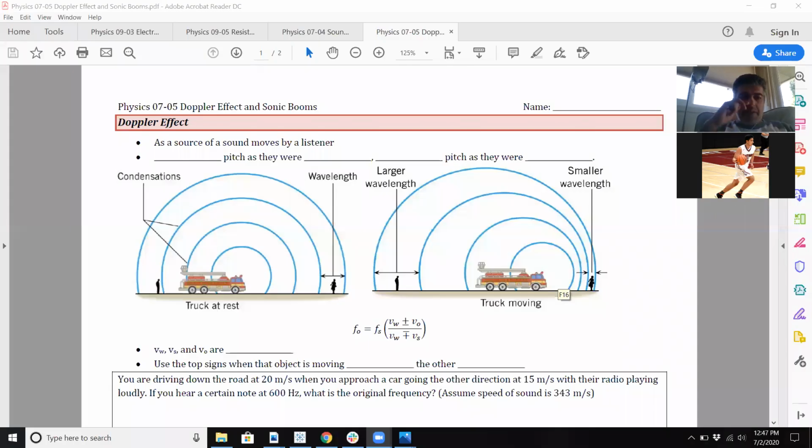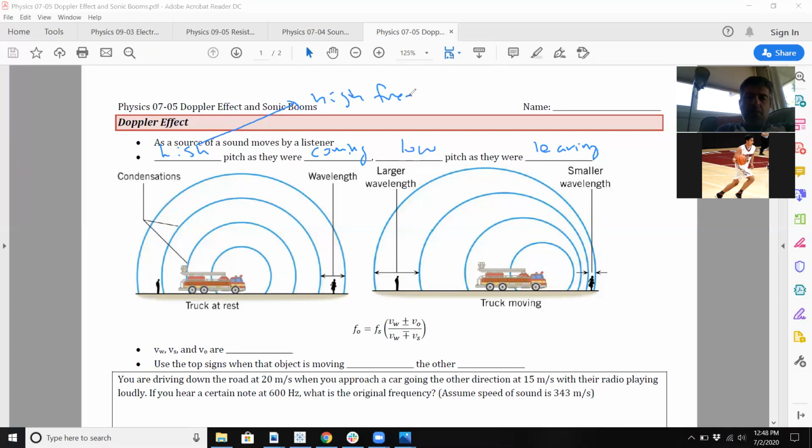Okay, so again, Doppler effect basically deals with a source of sound that moves by a listener. High pitch is when it's coming towards you, and low pitch as the source is leaving. Or high pitch is high frequency, low pitch is low frequency.